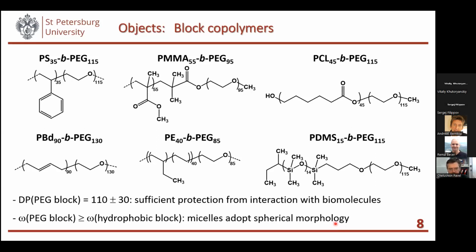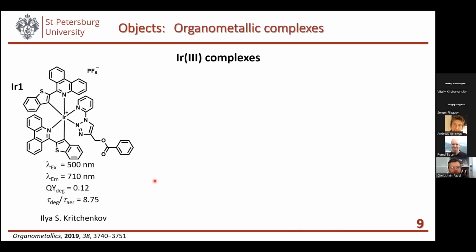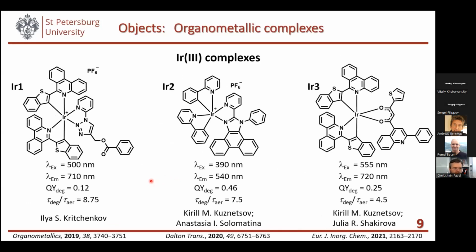And spherical morphology seems to be ideal for our purposes. Well, and also we have taken several iridium complexes. Two of them you can see are emissive in the near infrared region. Another one emits in the yellow region.